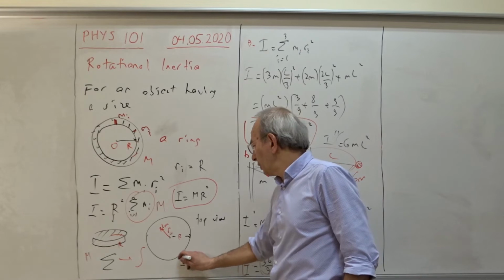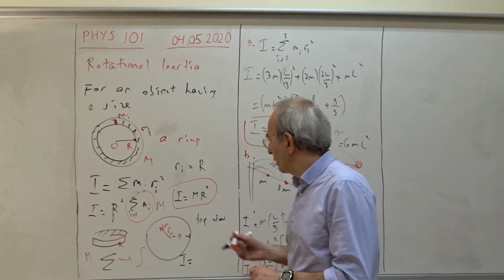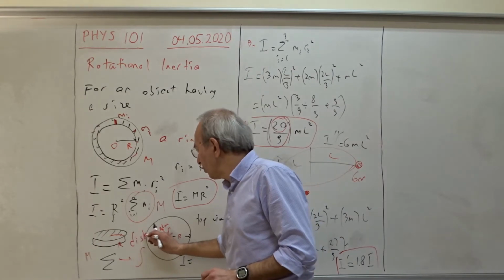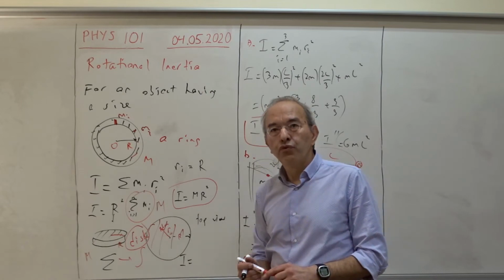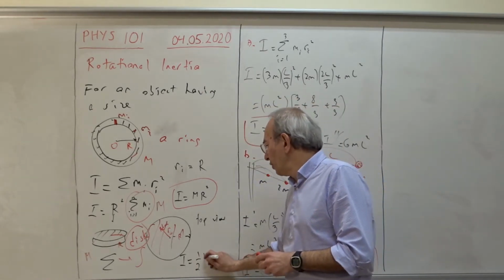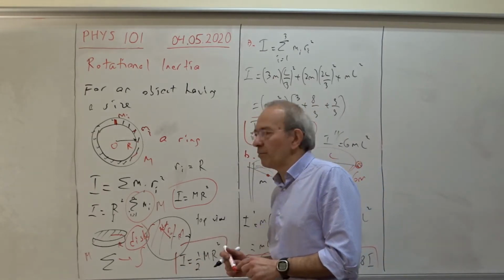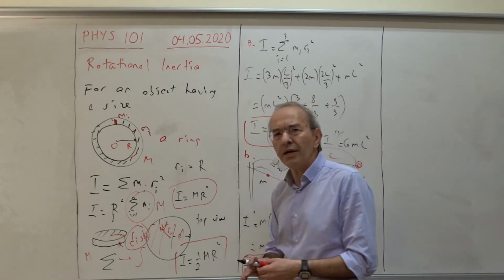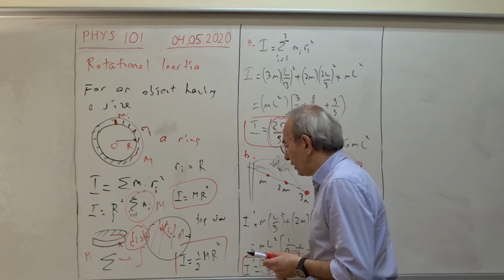The inertia for a disk, let me write it on the board. This is not a ring, but a disk. It's a full object, a solid surface object. So it is just 1/2 total mass times total radius squared. For a disk, it is 1/2 mr squared, and it is easily obtained by some simple integration. But let's leave it aside.